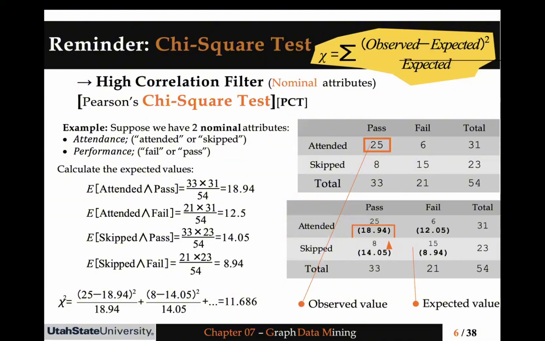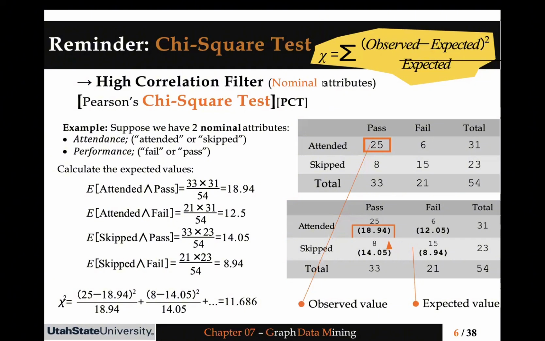So just as a reminder of the chi-square test over here, it directly motivates how we define modularity, right? The chi-square test is used for categorical or nominal variables, and as I mentioned, it's trying to find the strength of the relationship between the two variables.